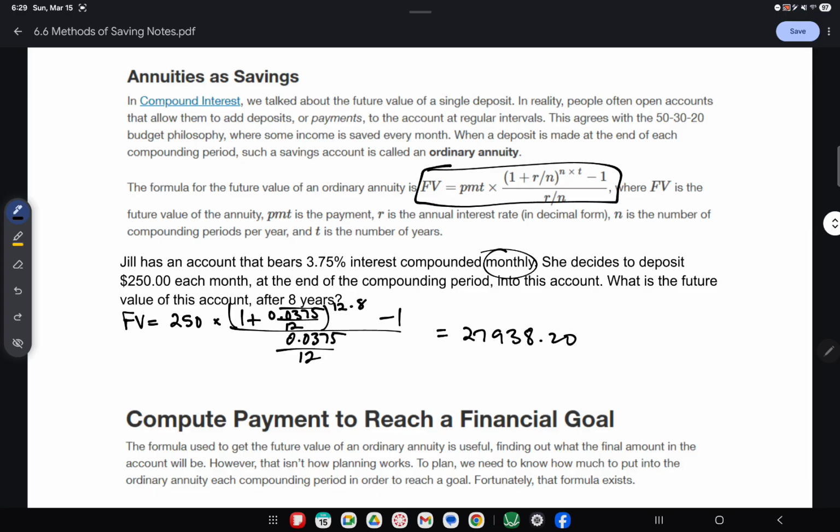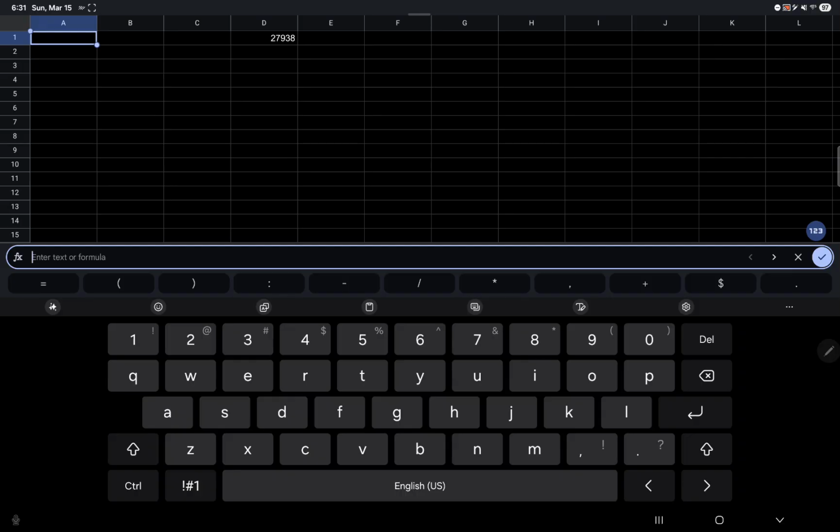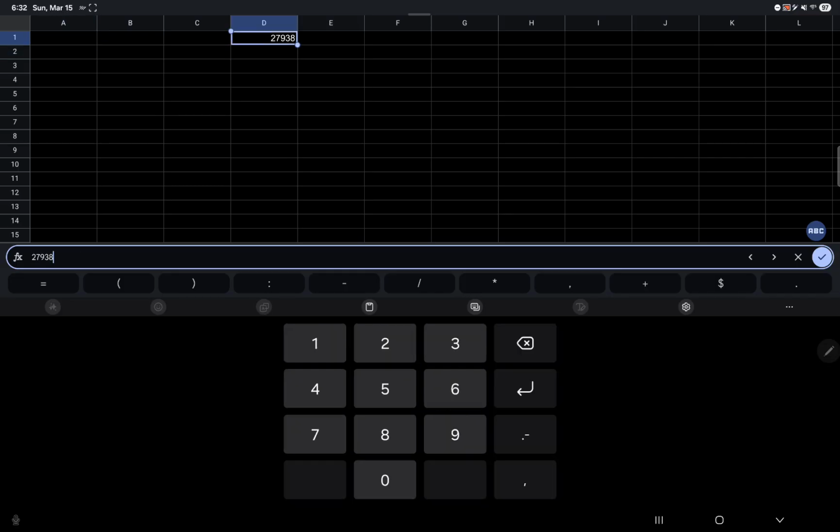Okay. I am going to show you how to do it in Excel as well. I'm going to go in Google Sheets, but same thing. All right, so what I did here is I wrote the number that we needed, but I didn't write the 0.20. 27,000 938.20.